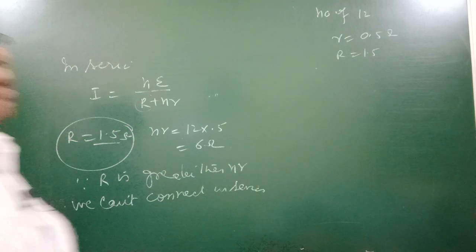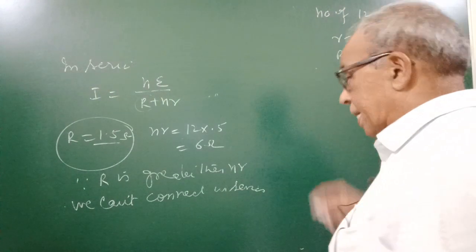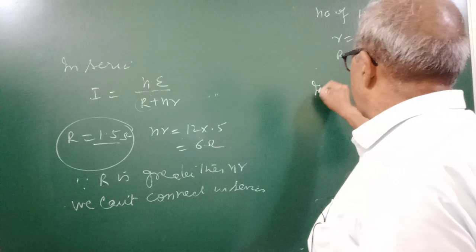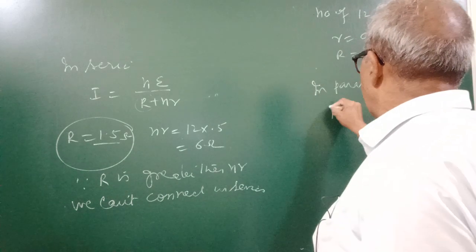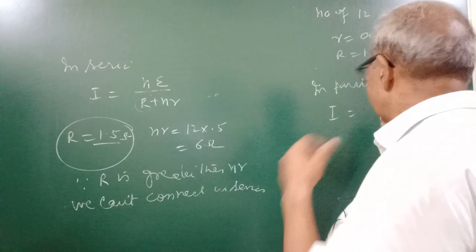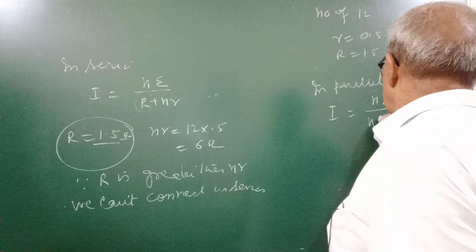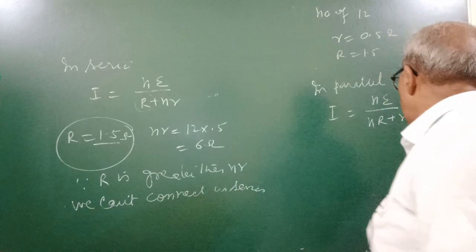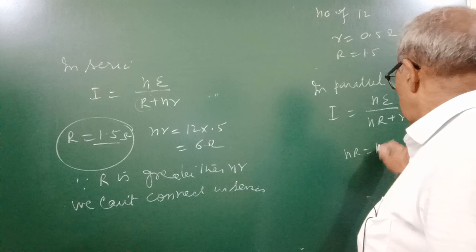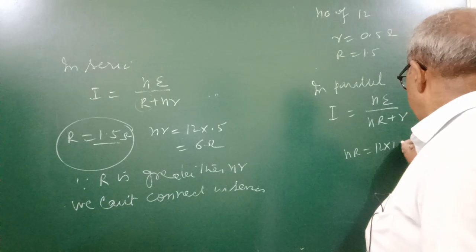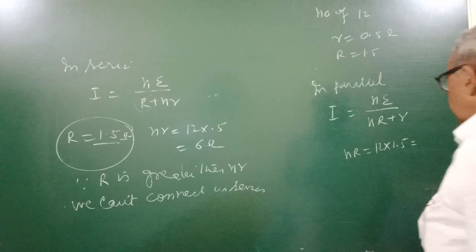If we come to parallel, in parallel I equal to NE upon NR plus R. NR here is equal to 12 into 1.5, how much? 18 ohm.